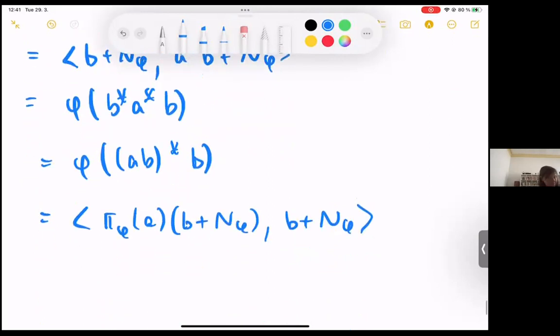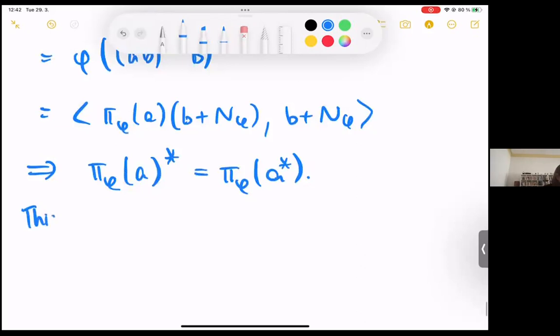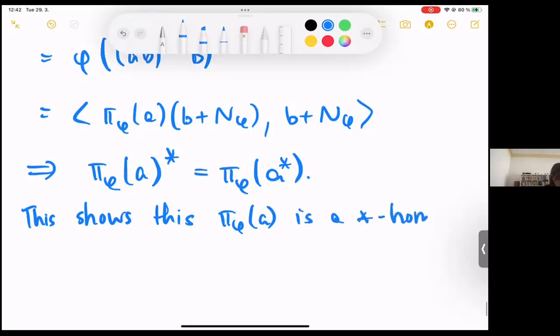So we see that indeed the operator adjoint of this is the same as taking A star. So we've shown that this is a star homomorphism. And hence, indeed, we have a star representation.